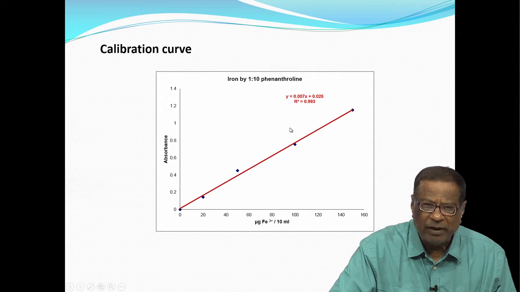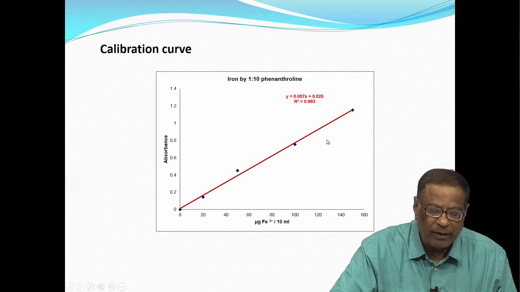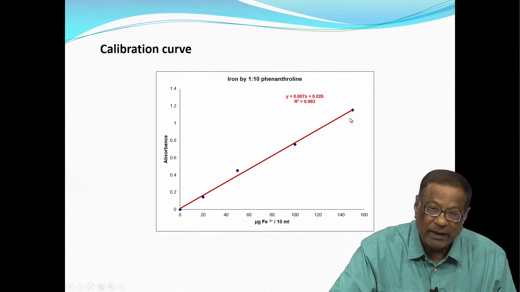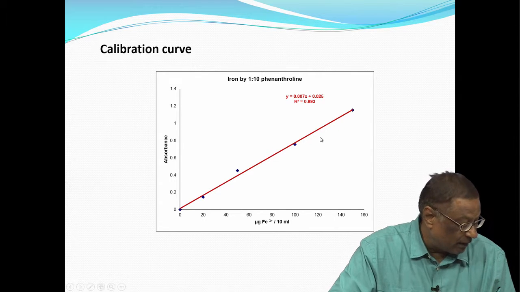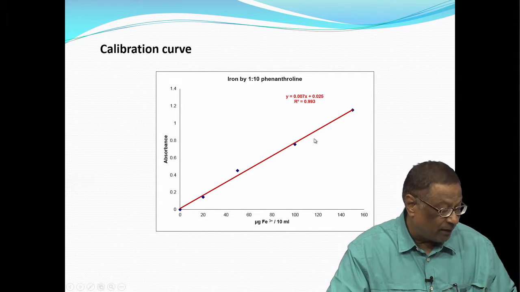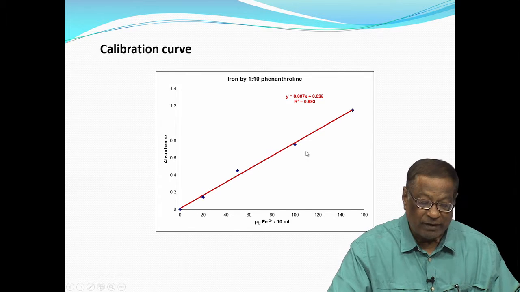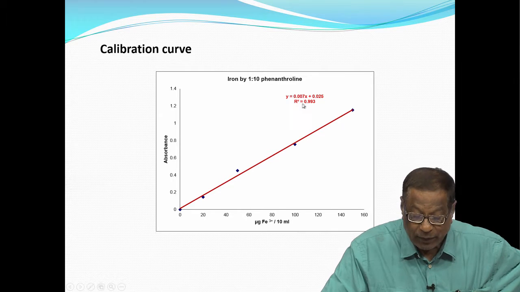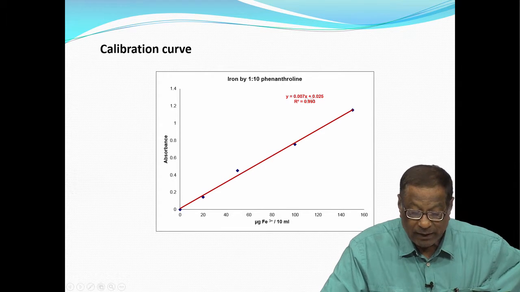So, it is a very sensitive method. There are other sensitive methods also using potassium thiocyanate, a very good method directly for the determination of ferric, but there are a lot of interferences in the ferric thiocyanate method, whereas in ferrous orthophenanthroline there is not much interference.